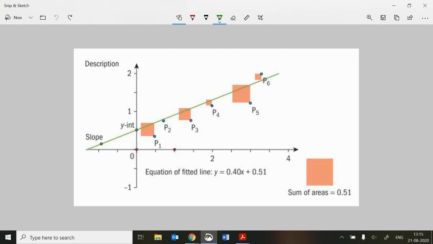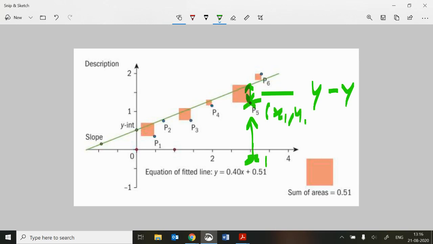Now, we're not reducing the size of the rectangles, which would be kind of nice, right? But these squares are saying, well, look, if you put in your x value here, then what is the difference of the y height? So it's the y residual here. So it's y from the line, take away your, and let's call this point x1, y1. So it's saying, well, what's the y from the line?